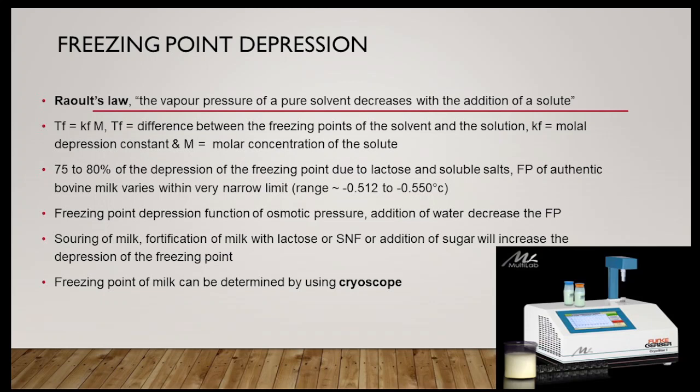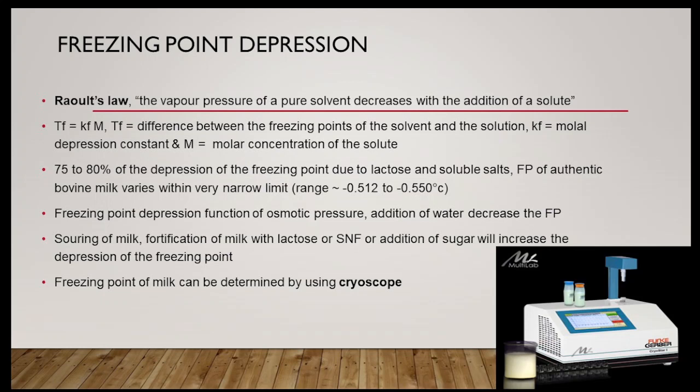So if you are adding sugar to a milk whose freezing point is already minus 0.55, then the depression will increase. That is, the freezing point of the new milk with added sugar will be maybe around minus 0.57 or something, right? The depression in freezing point value will increase.